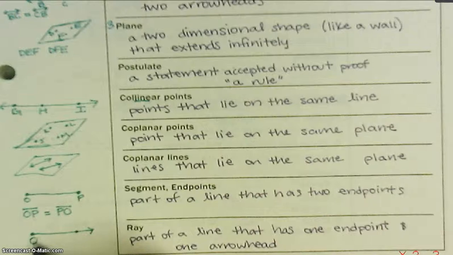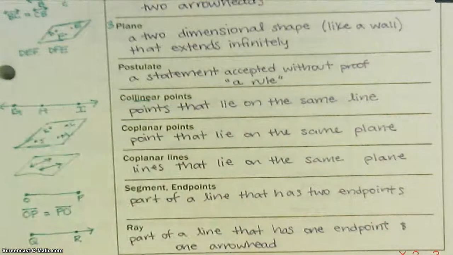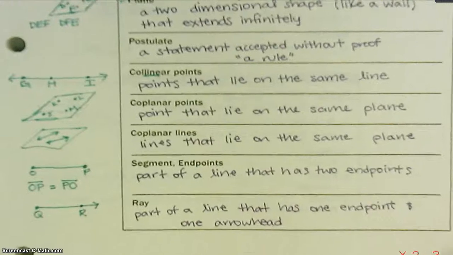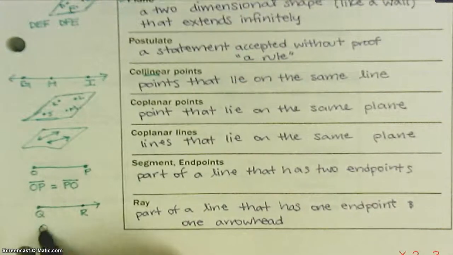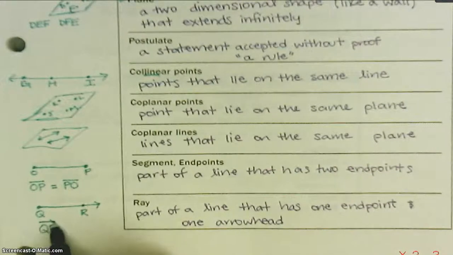We'll do Q and R. So to name this, instead of using a bar or 2 arrowheads, we're going to use a little bit of both, because a ray is kind of like a segment in a line. So it starts at Q, goes to R, and the arrow is going past R. So we write it like this. We always have the arrow pointing to the right.